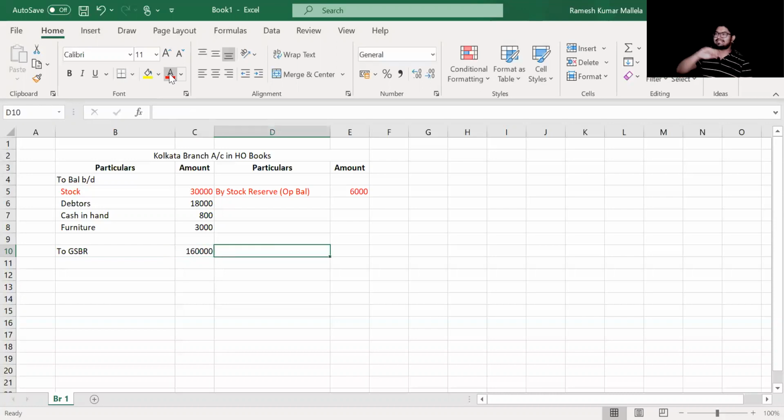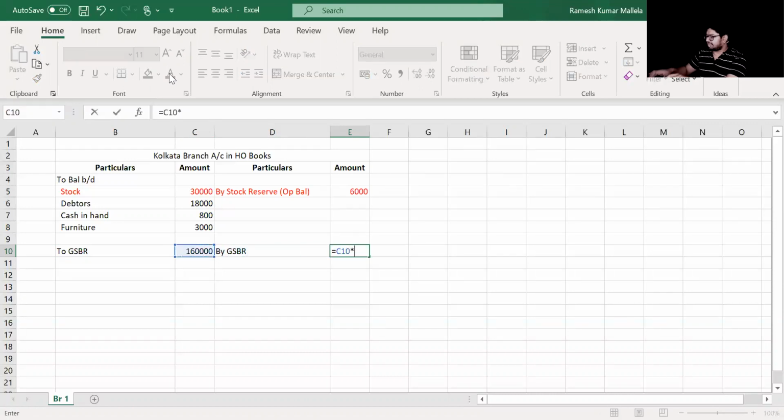Now against this 1,60,000, I am again supposed to look at the amount of loading in it, which I'll have to reverse on the credit side because I want it to be maintained like a debtor. So on the credit side, by goods sent to branch account, I would take 20% on the invoice price.